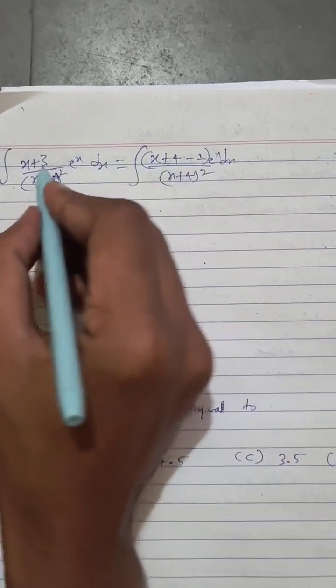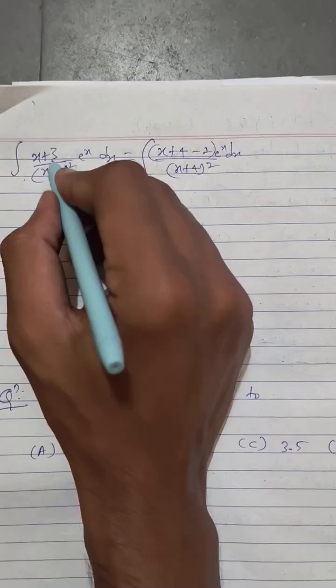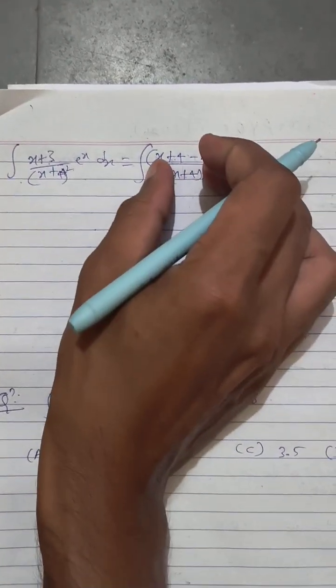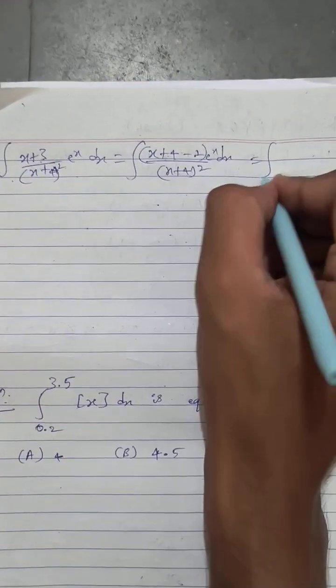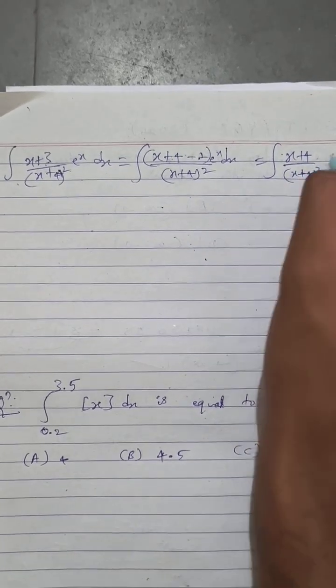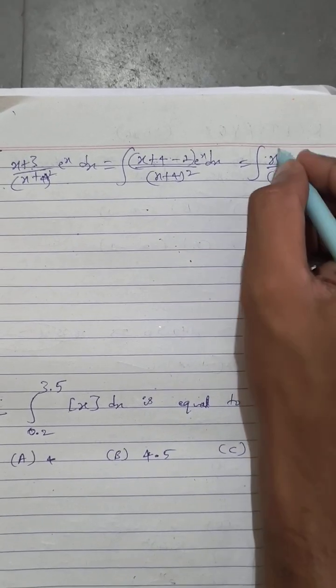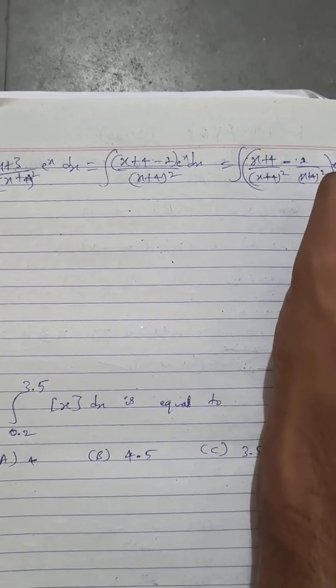So I'll write this plus 3 as 4 minus 1, and 4 minus 1 is obviously 3 only. Now we have two terms here, so make these two terms separately. That is x plus 4 divided by x plus 4 whole square, minus 1 divided by x plus 4 whole square, into e raised to x dx.